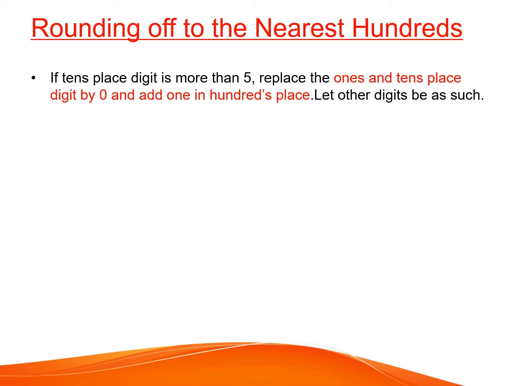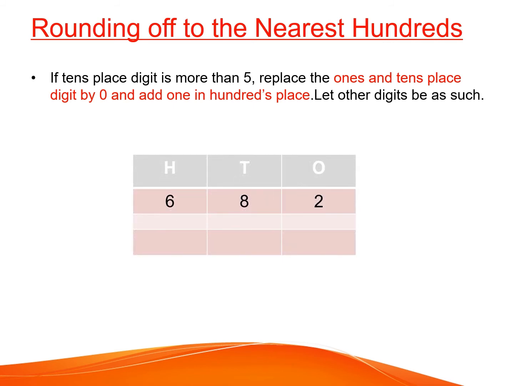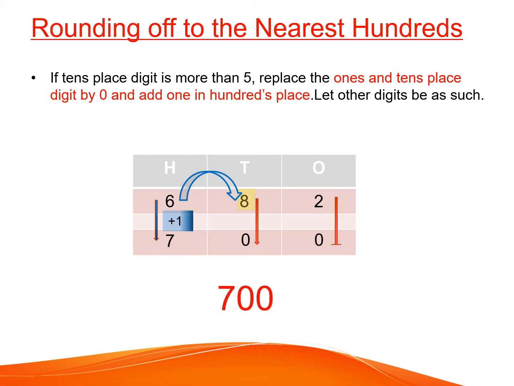So, for example, if we have the number 682, since the number 8 in the tens place is more than 5, we will change it to 0. Automatically, 2 will also be changed to 0 as it is in the ones place. And we will add 1 to the hundreds place and it becomes number 7. So, the rounded off number of 682 is 700.